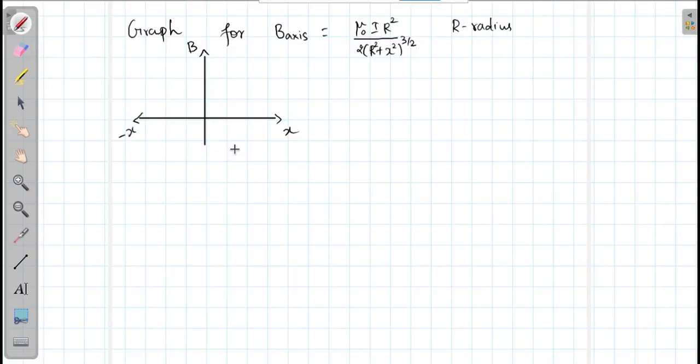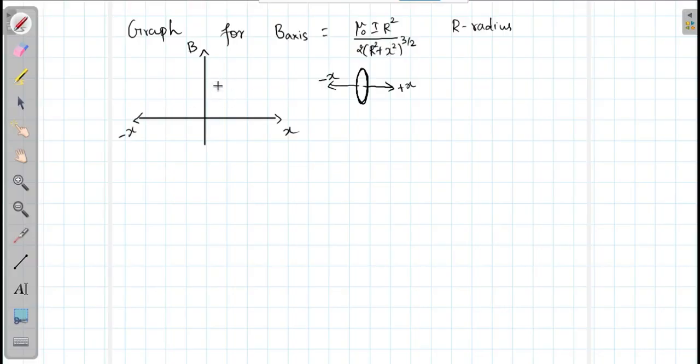Because the circular coil is wound like this, either you can go in the right side direction or in the left side direction. So this one is positive x and this one is negative x. Whatever it may be, the value of x square is positive, because even if x is negative, x square will be positive.